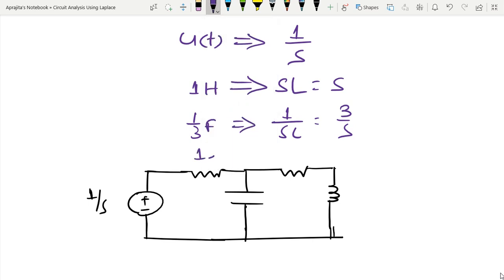So this is 1 ohm, same as the previous circuit. This is 5 ohm. Now this is modified to 3/s, and the value of this is s, and I have to calculate this.